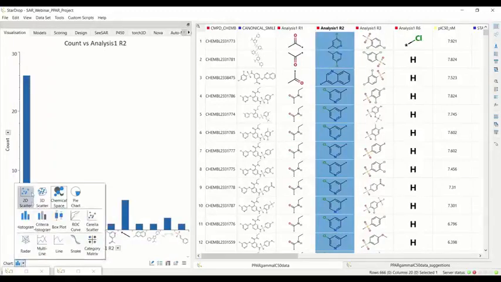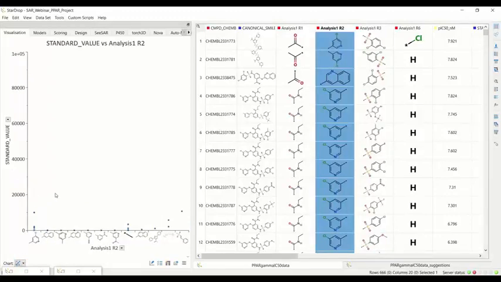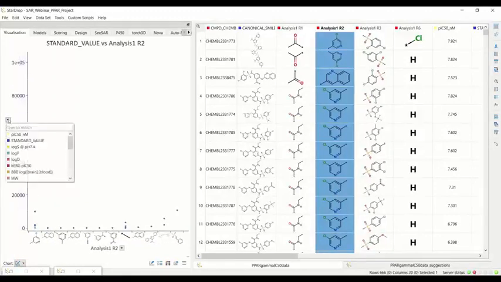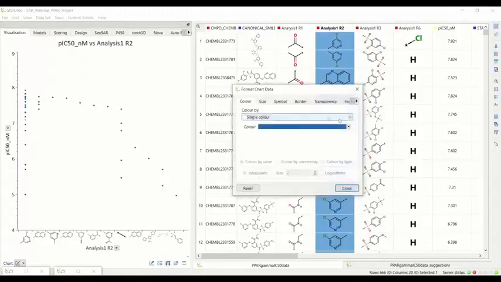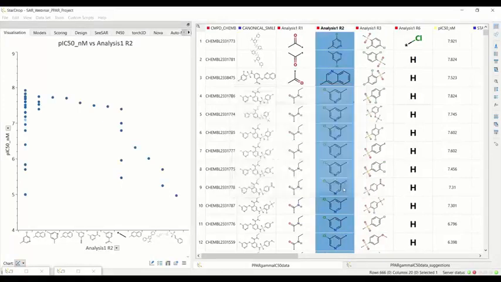But if I go to a scatter plot and plot the pIC50, and I'm also going to change these so that you can see the size of these points a little bit larger, here is the distribution of activities for each of those R groups.